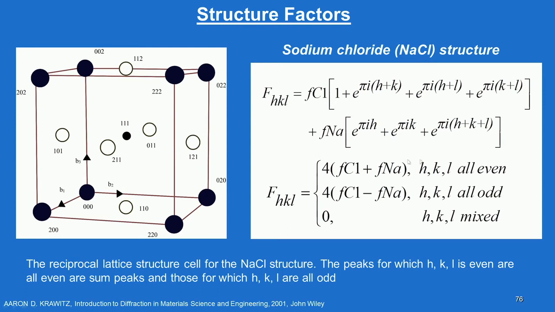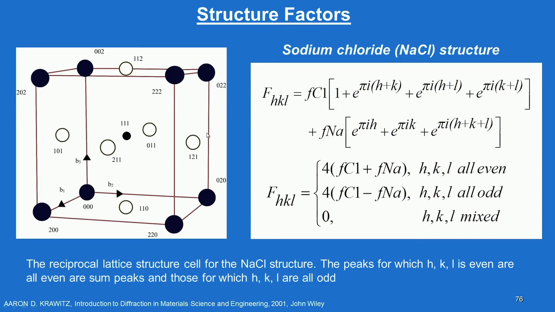This is the final expression we have written, and you can see that F(hkl) is equal to 4 times (F(Cl) plus F(Na)), where h k l are all even. That is a sum peak you will see, and there is a difference peak when h k l are all odd, and if they are mixed, the structure factor is 0. So you can look at this selection rule and then the corresponding reciprocal lattice structure.